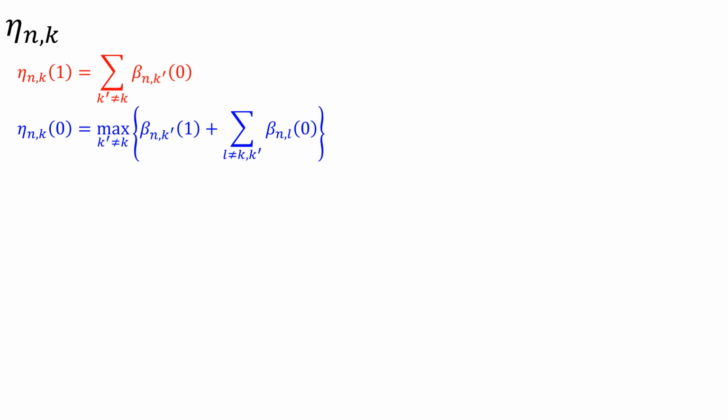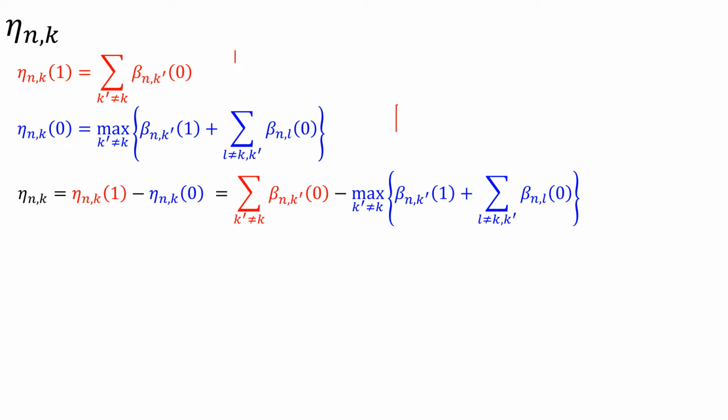So now we have expressions for eta nk1 and eta nk0. So let's derive the scalar eta nk, which is the difference, eta nk1 minus eta nk0, which is given by this expression here. The red and the blue correspond to this and this term here. That's the blue term, second one.